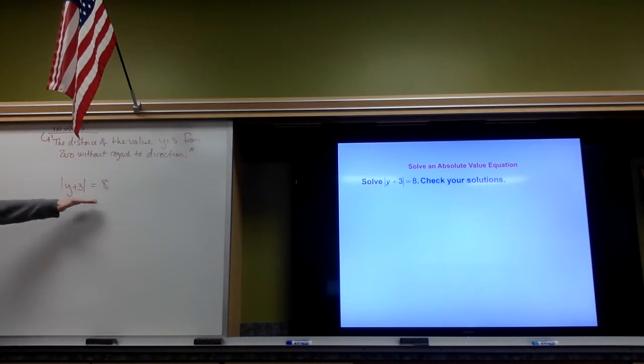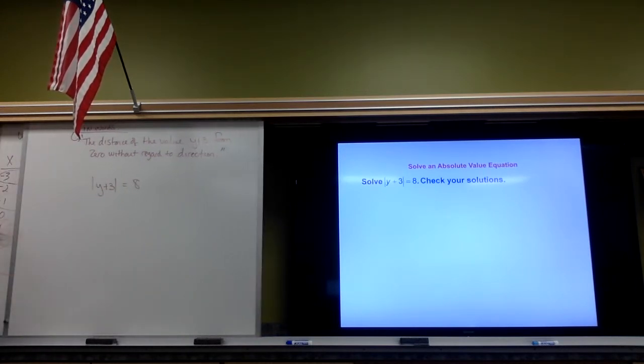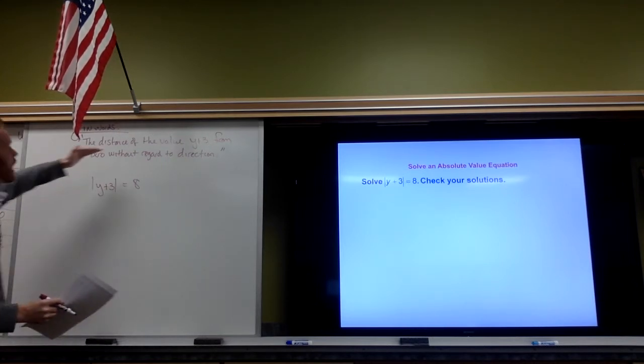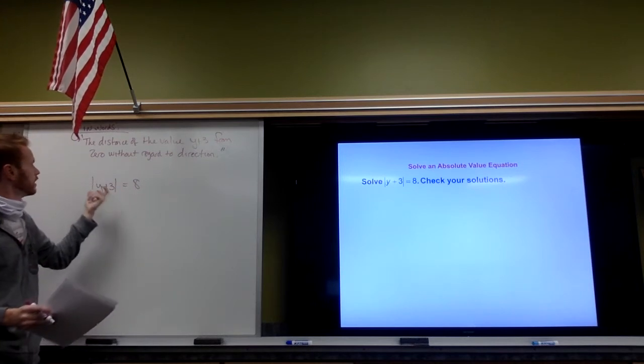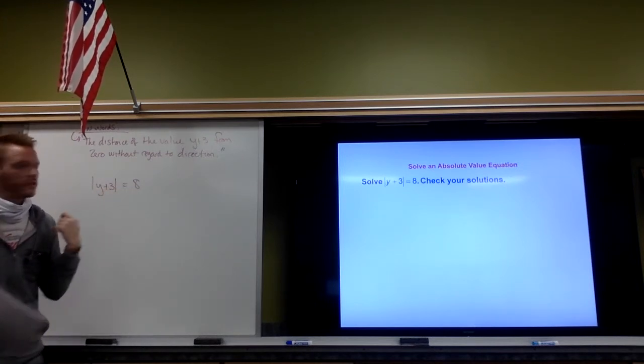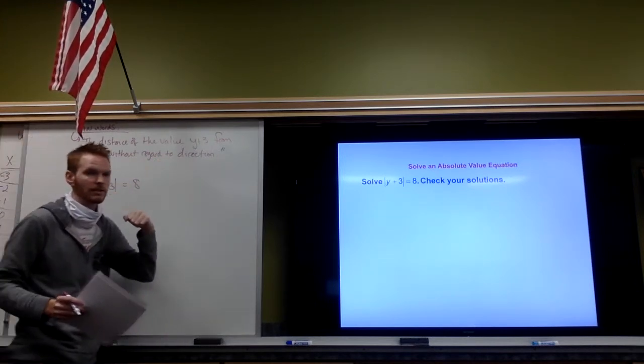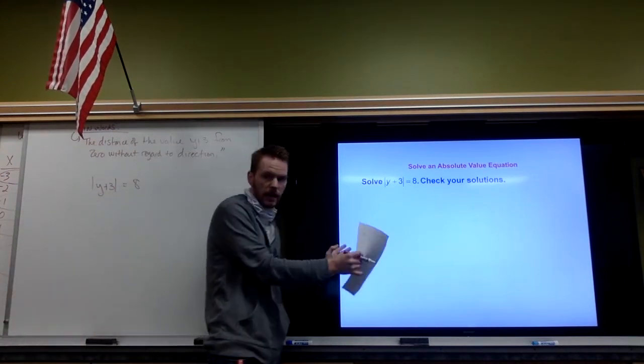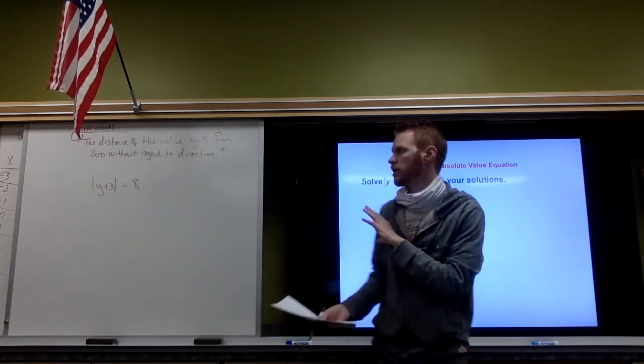That is what that equation translates to. Okay? And hopefully it's not out of zoom from the video. It is the distance of a value, y plus 3, from 0 without regard to direction. That means I can approach this from the left side of the number line or the right side of the number line.